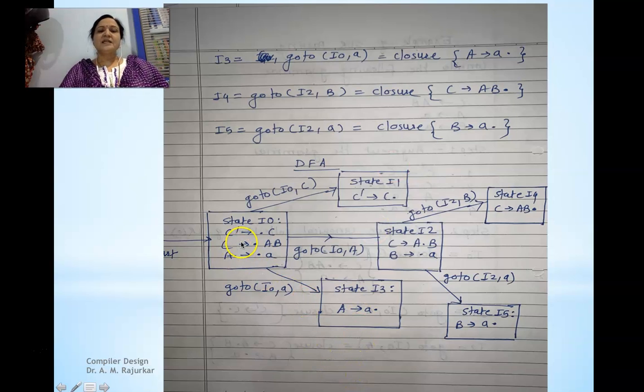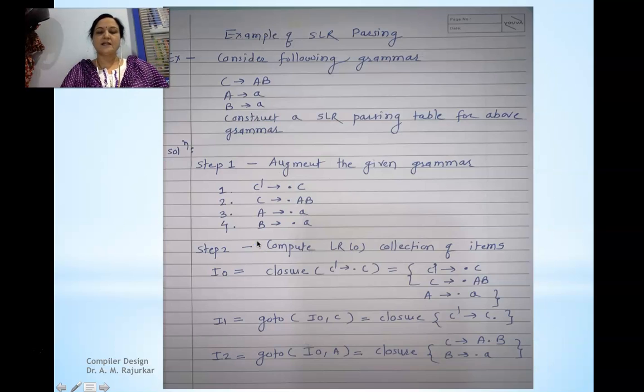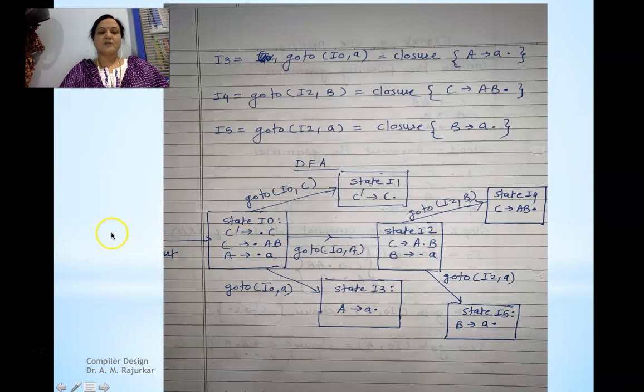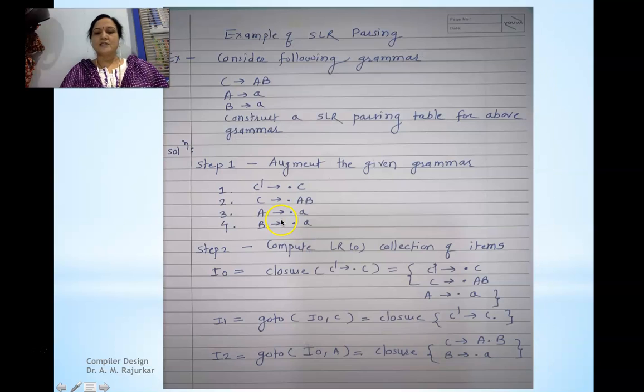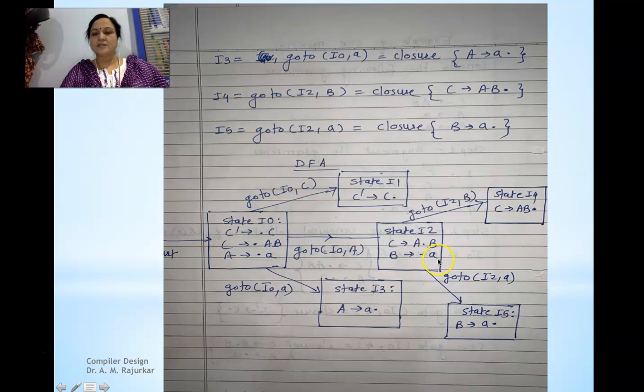So let's solve this example by drawing a DFA. The same number of states are there, we are just drawing them in the form of a deterministic finite automaton. This is the start state. In the state I0 we have 3 productions, the same productions we are writing here: C dash tends to dot C, C tends to dot AB and A tends to dot A. So from I0 I am getting 3 states, I1, I2, I3 on C, A and small a.